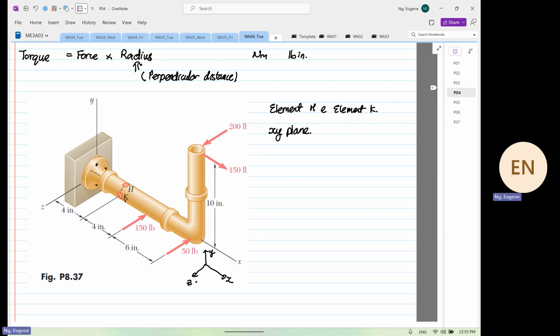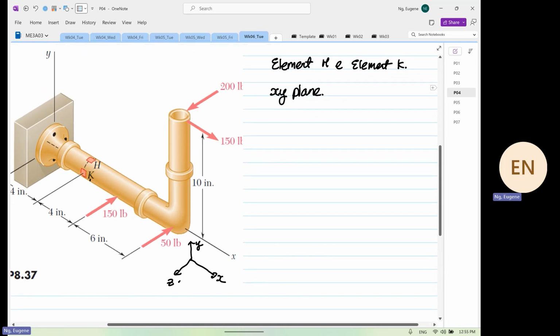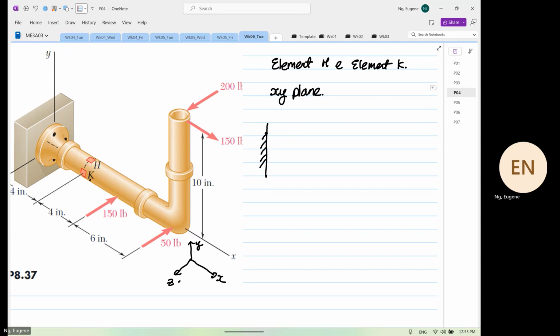Now, can you all sketch how the XY plane looks like? Just a sketch. If I were to look at the XY plane, it will look like this. Agree or disagree?